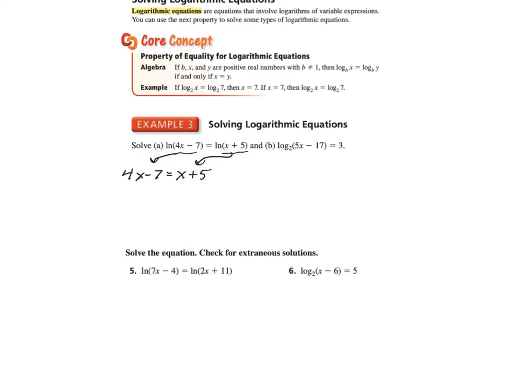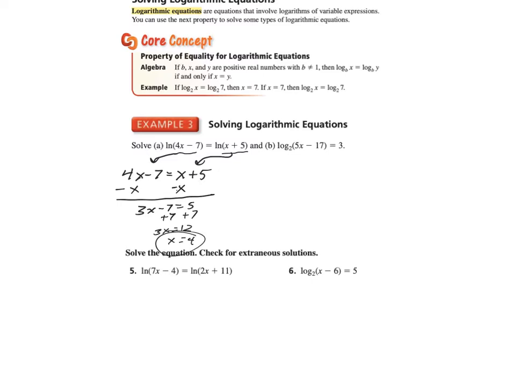Think about it, it kind of makes sense. They're both logs, so they must be the same. So we're going to subtract our x, and we get 3x minus 7 equals 5, and then you add your 7 to both sides. 3x equals 12, x equals 4.